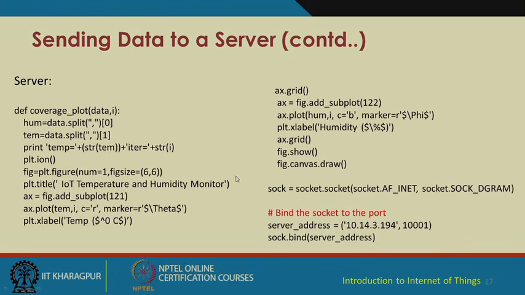You give the plot a title, you add a subplot to it, and you plot the temperature versus the iteration, that is a normal temperature plot with respect to whatever data is incoming. You label it. Similarly, for the humidity part also, you iteratively plot the data against I, and eventually show the data, and figure.canvas.draw redraws the image without overwriting the previous points.